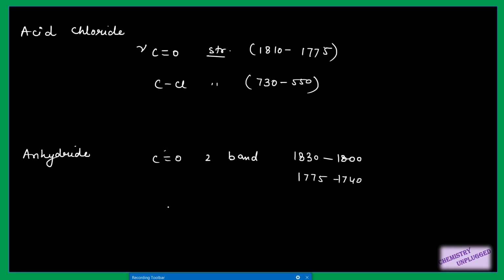And you will also have CO stretching frequency here, in the form of multiple peaks from 1300 to 1000 centimeter inverse. You will have multiple peaks, right? So using all the things I have told you in this video, you can easily find out the CO vibrational frequencies, or you can solve your questions.